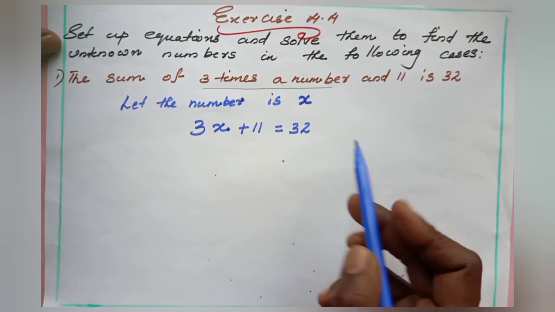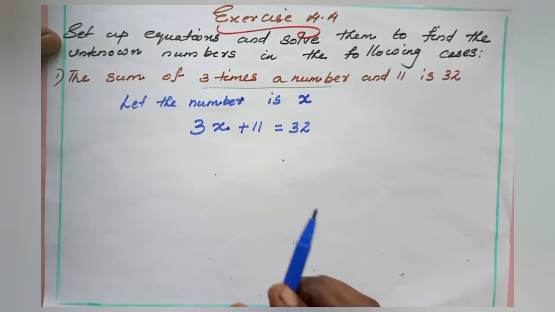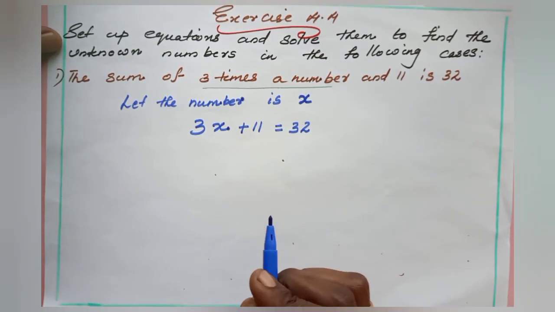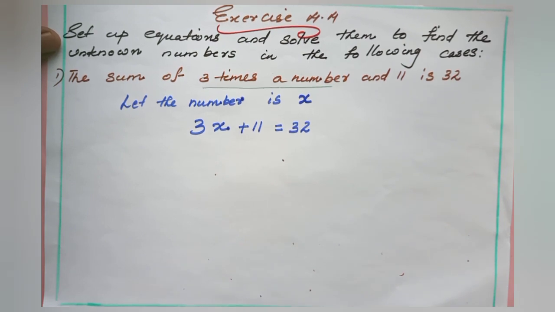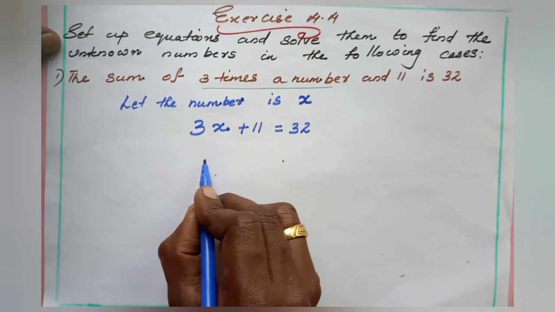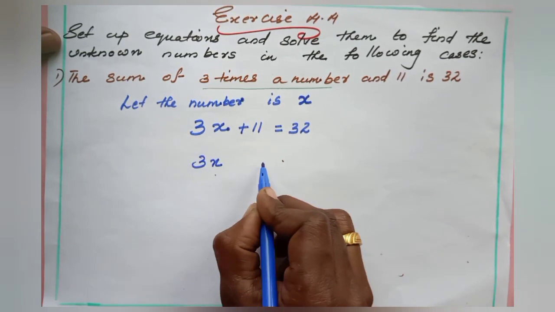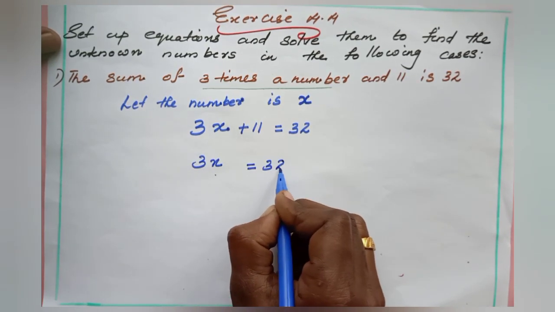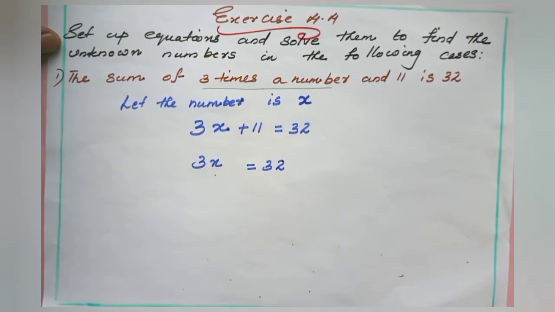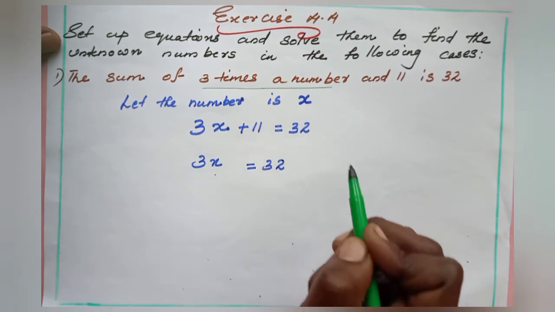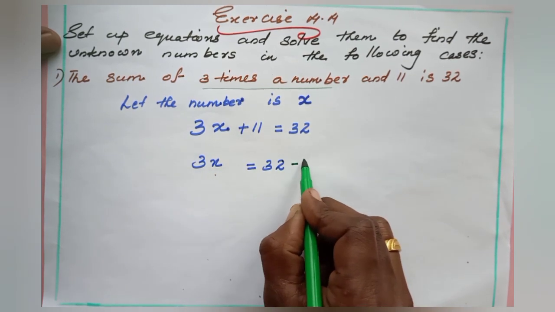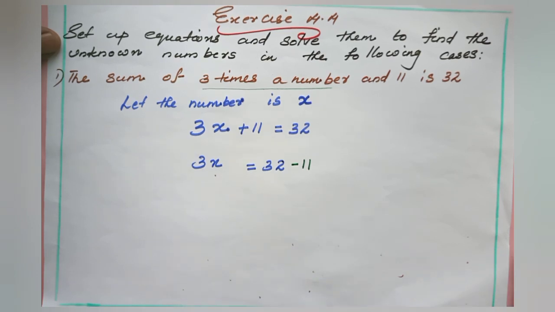Then we want to find the unknown number x. Solving this, transpose the positive 11 to the right side. So 3x equals 32 on the right side, and the positive 11 changes into negative 11.